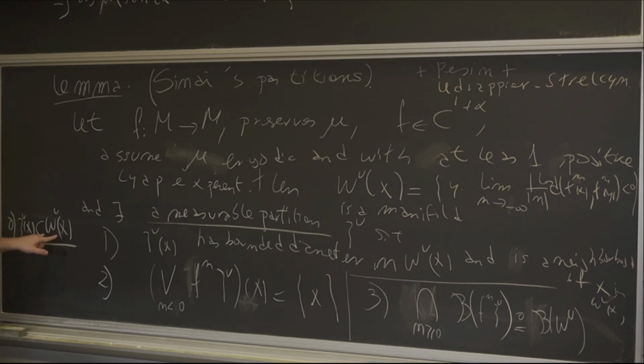So each atom is inside the unstable manifold of x. Okay? It's a partition of M, in which each atom is inside the unstable manifold, is a neighborhood of x inside there, and is bounded inside here. So this is a copy of R^u, and this is a bounded set in these copies. Compact closure, that's the meaning of bounded here. Nothing else.